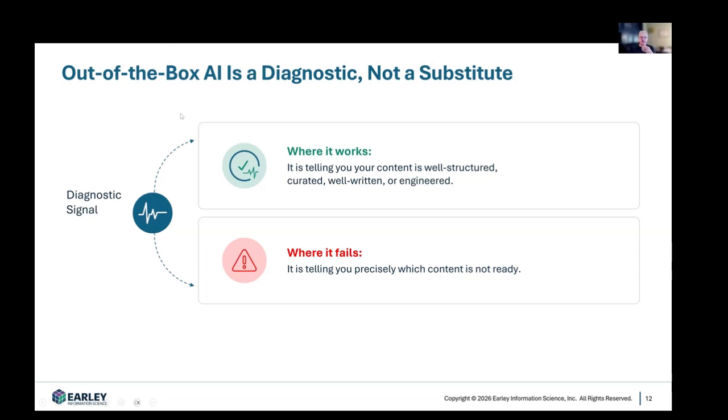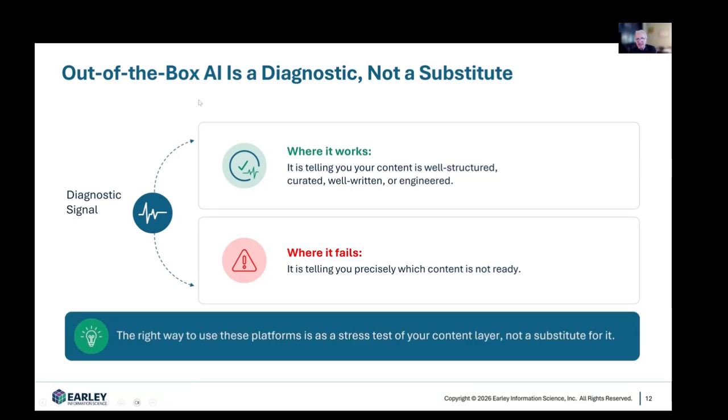Specific kinds of documents that really need to be finely understood and nuanced. That's when it doesn't work. That's when it's telling you this. So the right way to use these is as a stress test, right? Test your content. It's a test. It's not a substitute for the content structure. It's a test of the content structure.